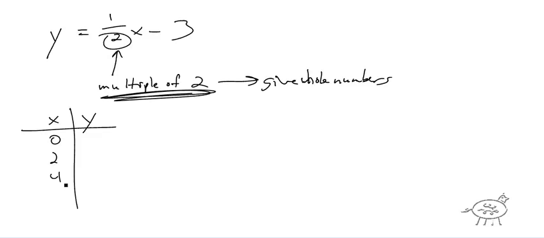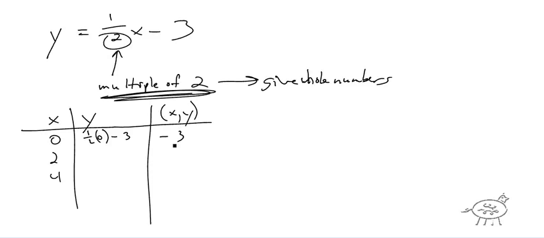So if I put a 0 in there, I get 1/2 times 0 minus 3, and that gives me negative 3. Then 1/2 times 2 minus 3. Half of 2 is 1, 1 minus 3 is negative 2. You can always put this in your calculator, math fans.